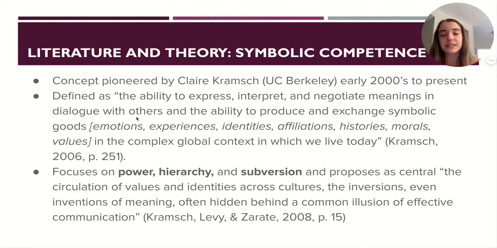She defines symbolic competence as the ability to express, interpret, and negotiate meanings in dialogue with others, and the ability to produce and exchange symbolic goods, meaning emotions, experiences, identities, affiliations, histories, morals, and values in the complex global context in which we live today.